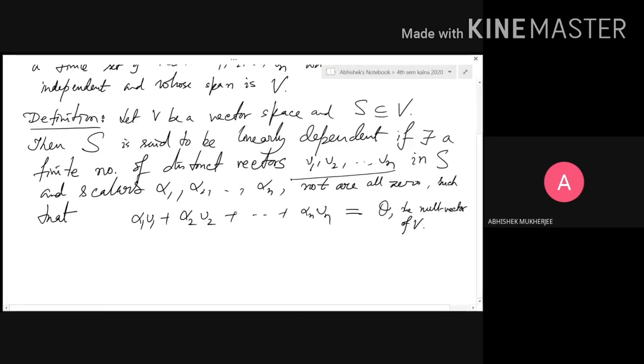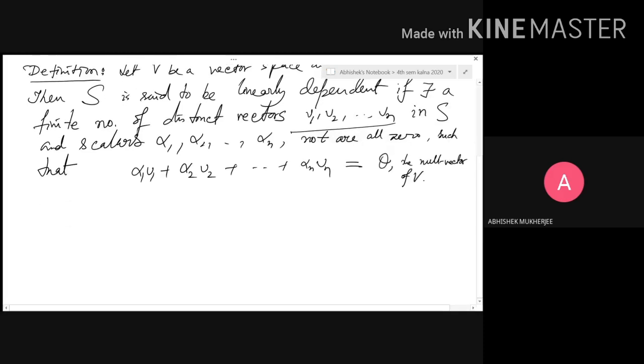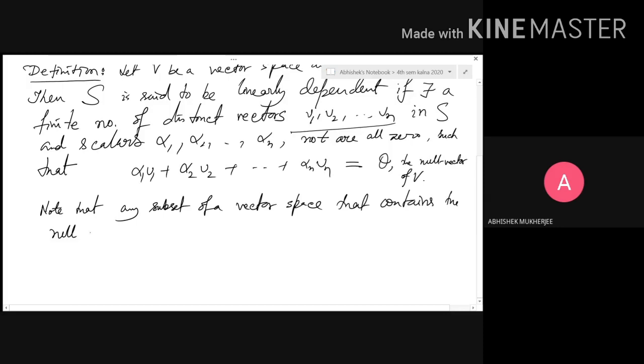Note that any subset of a vector space that contains the null vector must be linearly dependent.